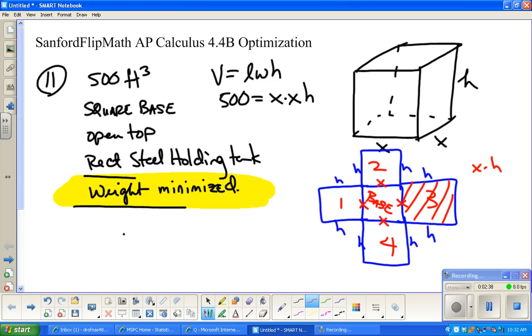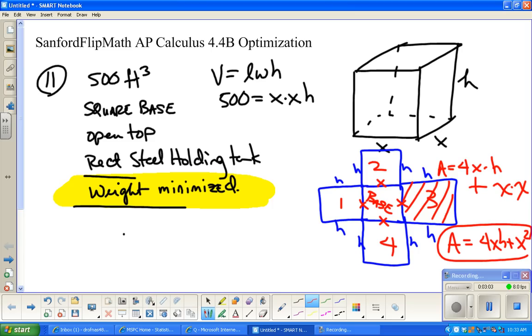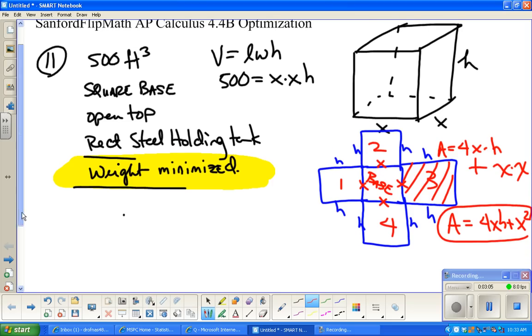So I add up those four sides, 4 times x times h, plus an x times x square in the middle. The total area that I'm going to minimize is just 4xh plus x squared. That's what I want to minimize.